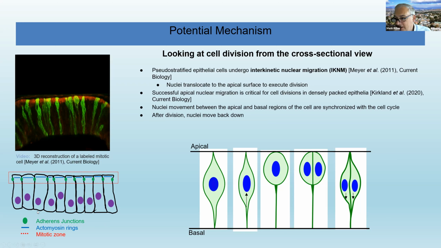So for studying division and rounding of cells, the apical view is good enough because this is where the action happens during division, right? So these nuclei go up, they divide there, and then a new membrane is formed. But during all these processes, the rest of the cell becomes very, very thin. And we've been studying it recently. So we started looking into the role of actomyosin contraction in different parts of a cell and how it's controlled by signaling.